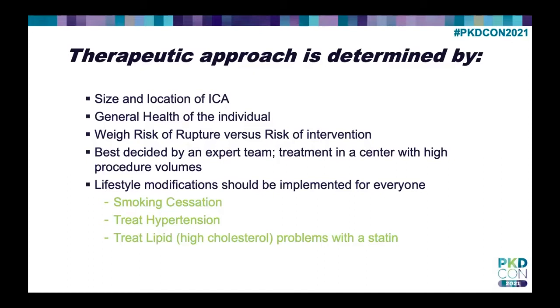And you definitely want to get treatment in a center that has a lot of experience and is very versed in these kinds of methods. Then, of course, lifestyle modification should be implemented for everyone, regardless of choosing any of these other modalities. That means smoking cessation, treatment of hypertension, and treatment of cholesterol issues with a statin.